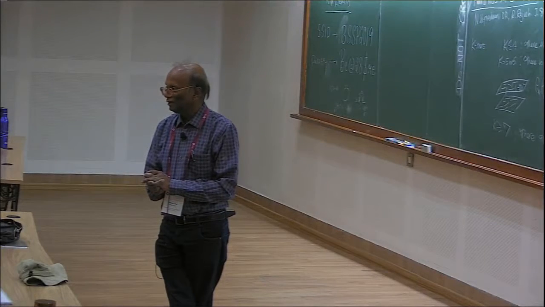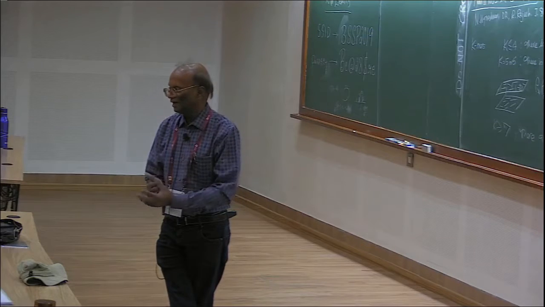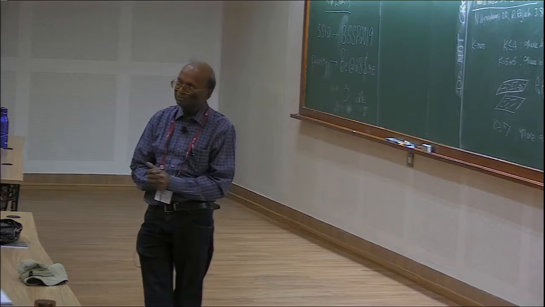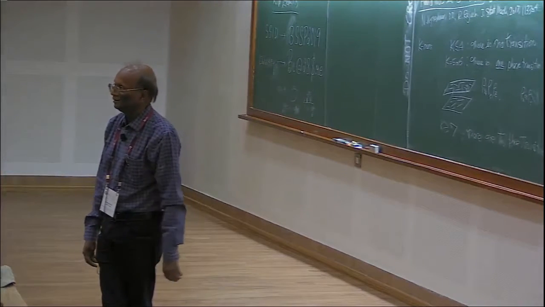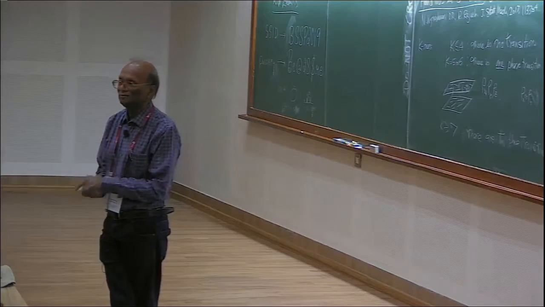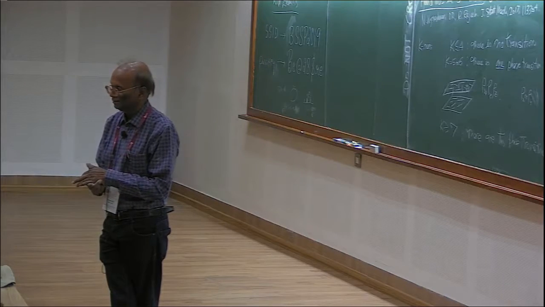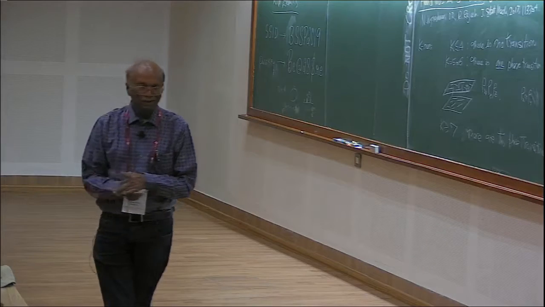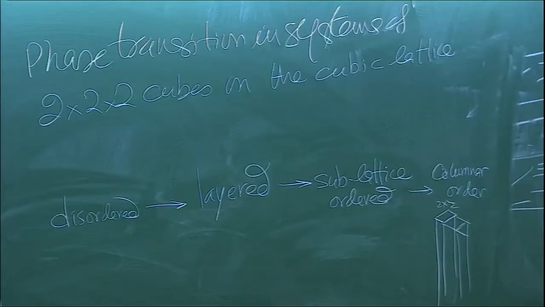Okay? So even the qualitative behavior of the phase diagrams, even for the simple models like 2 by 2 by 2 cubes, what could be simpler than this, is not easy to understand. Okay? So if you take more complicated objects, which can be cuboids, but unequal shape.